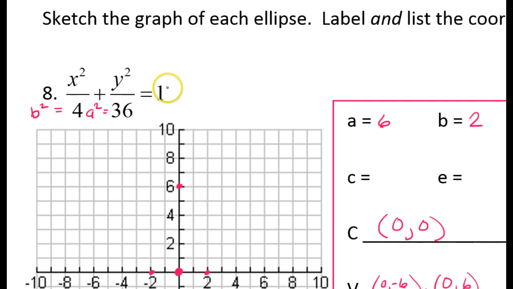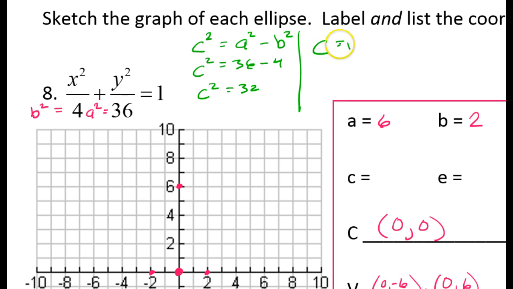Now we need to find the c value so we can locate the foci. We know that for ellipses, c squared is equal to a squared minus b squared. So that means c squared is going to equal 36 minus 4. So c squared is 32. That means c is equal to the square root of 32.